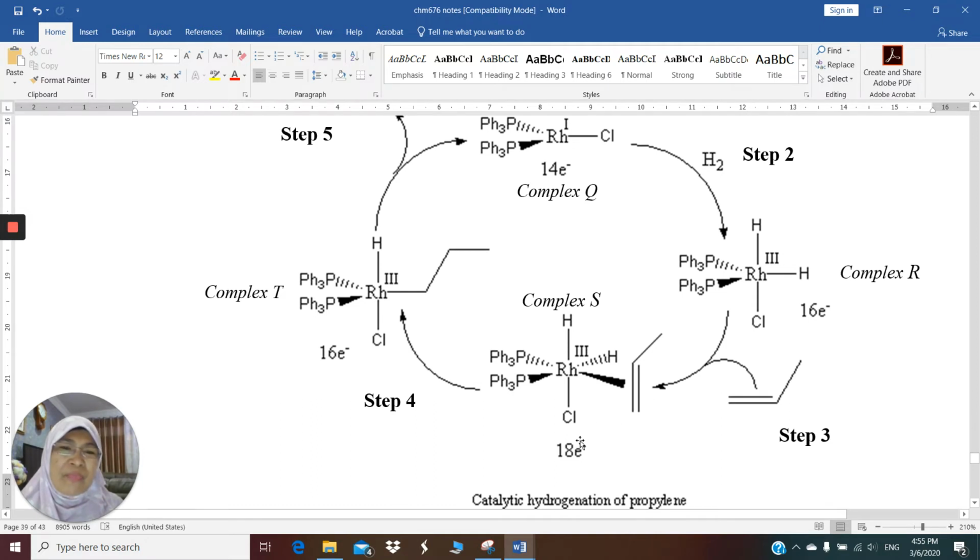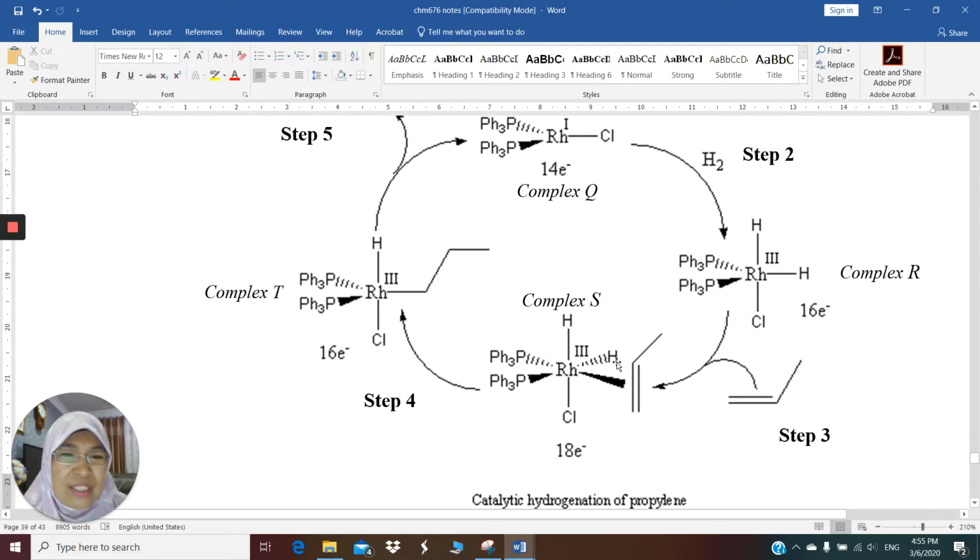So you have an 18 electron species, complex S. So what is the beauty of this? You have your alkene and your hydrogen sitting next to each other in the same molecule. They are seated next to each other on the metal.